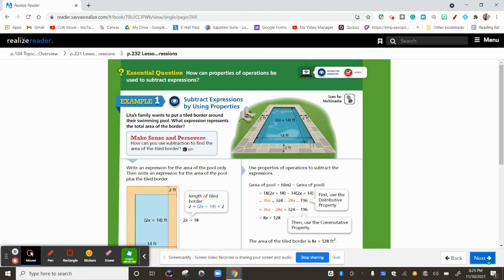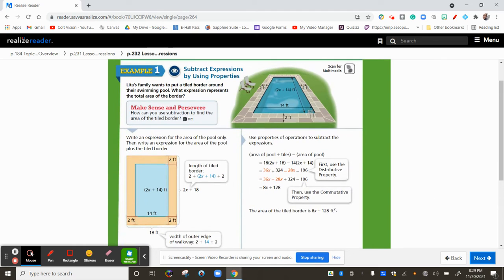In general, how do you find the area of a rectangle? You multiply the length times the width, and that would give you the area of the whole pool.